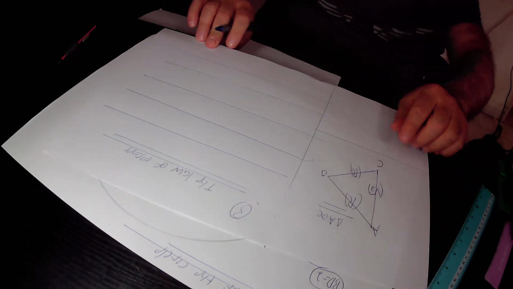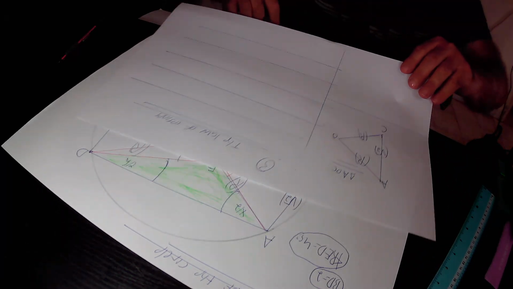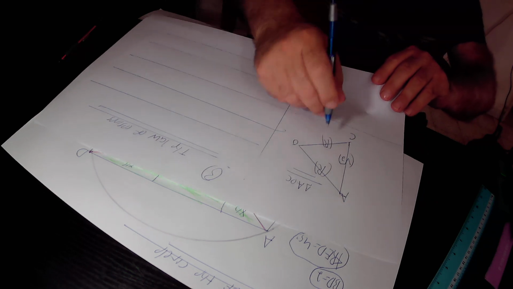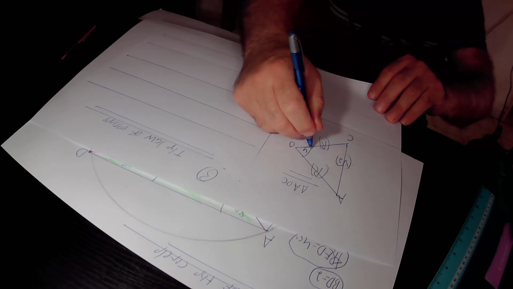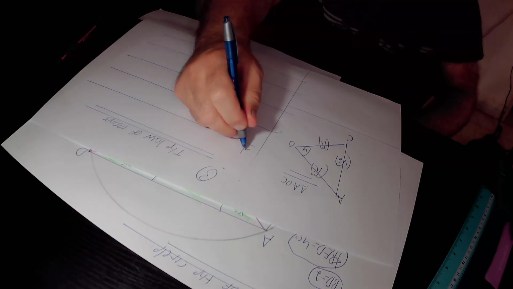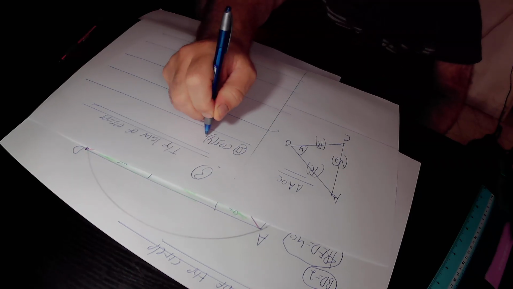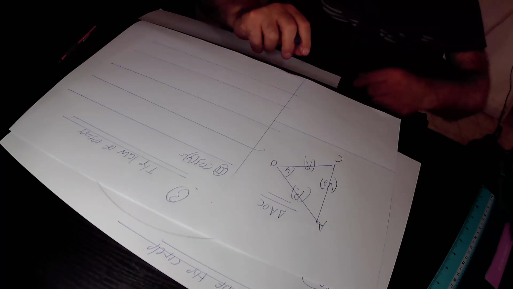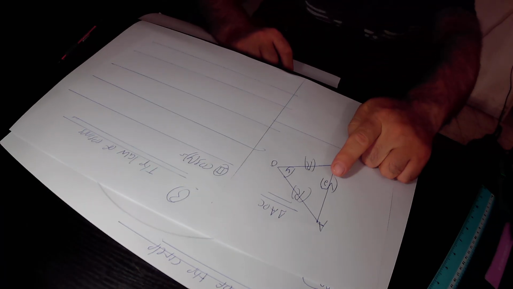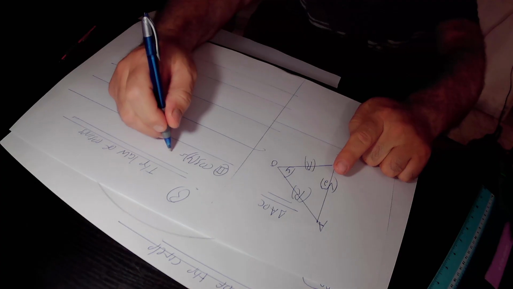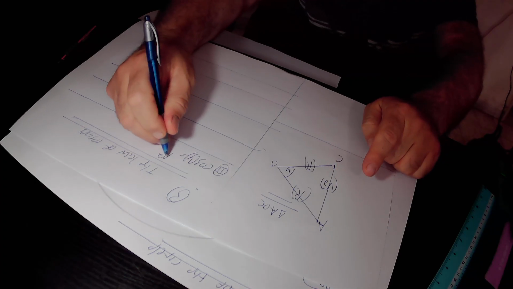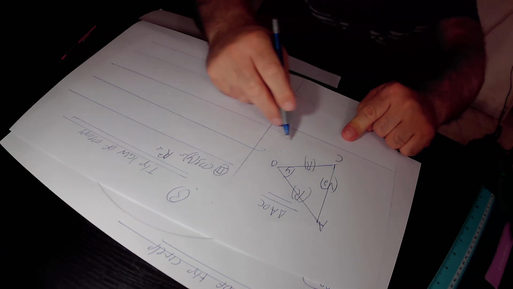So in this triangle AOC, cosine y will be equal to AO squared. AO is R, therefore AO squared is R squared, plus OC squared.